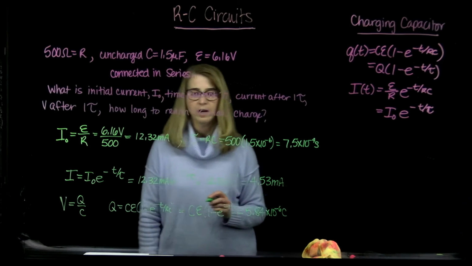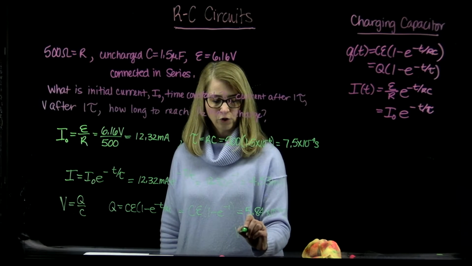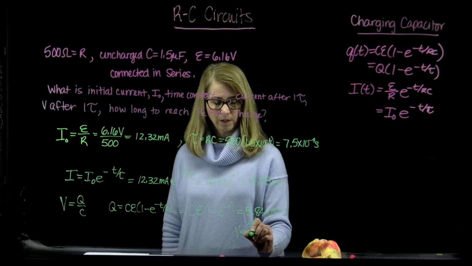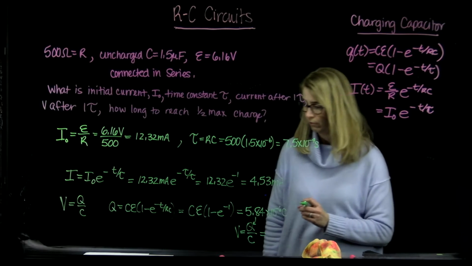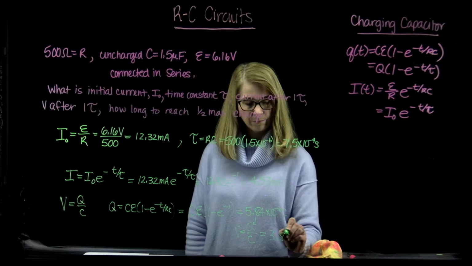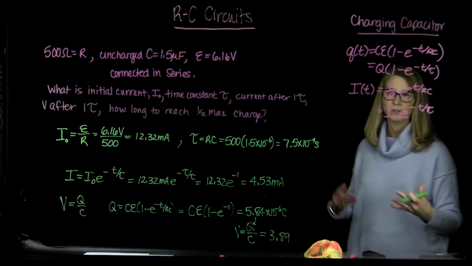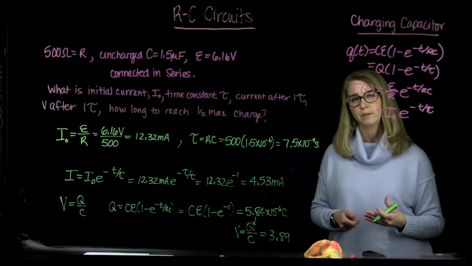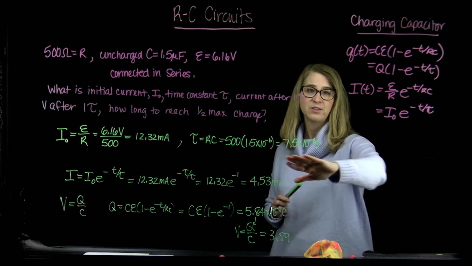And so if I take that charge over the capacitance, which is 1.5 microfarads, I get a voltage of 3.89. So in a sense, this is the potential difference across the capacitor after only this amount of time has passed.